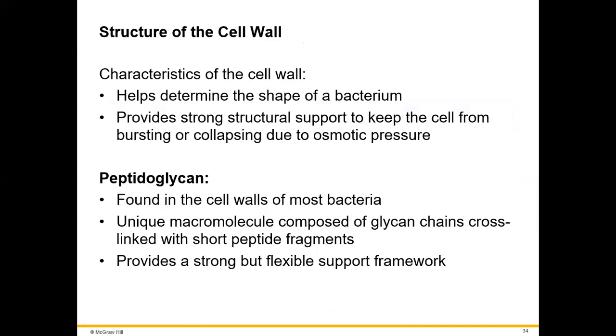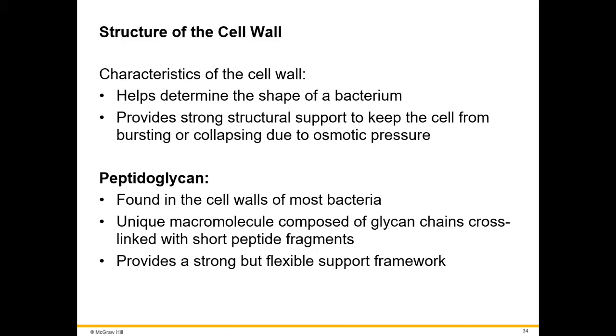The structure of the cell wall helps determine the shape of the bacterium, and provides strong structural support to keep the cell from bursting or collapsing due to osmotic pressure. The peptidoglycan layer is found in the cell walls of most bacteria.